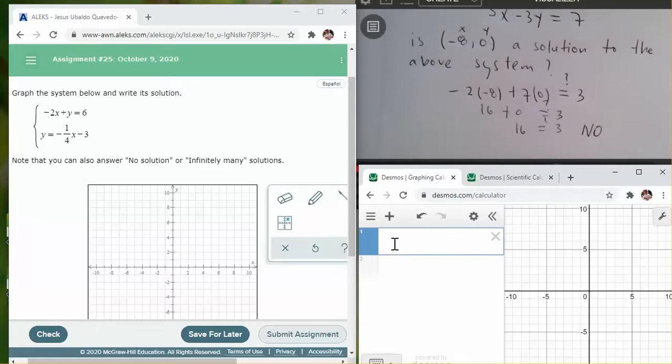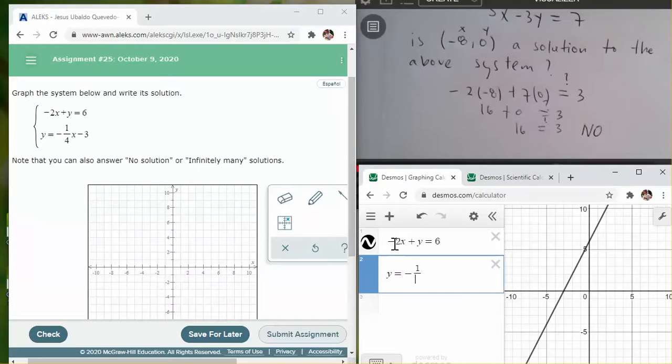So again, the easiest one is using Desmos to do the graph for us: 2x plus y equals 6. So that's the first equation. The second equation is y equals negative 1 divided by 4, which is a fraction, times x, and then minus 3.